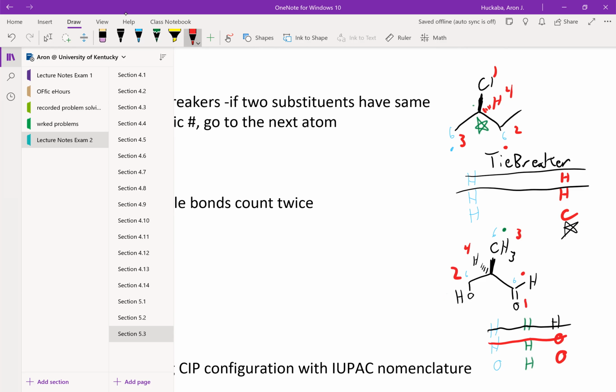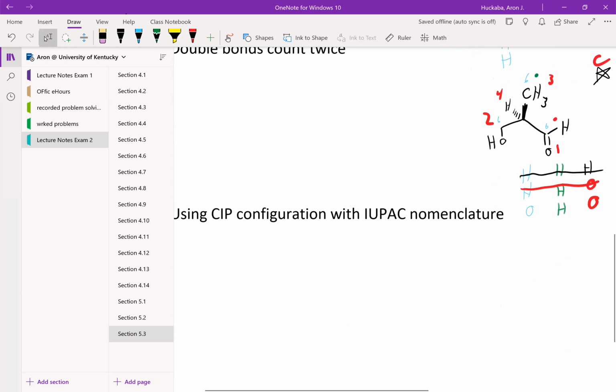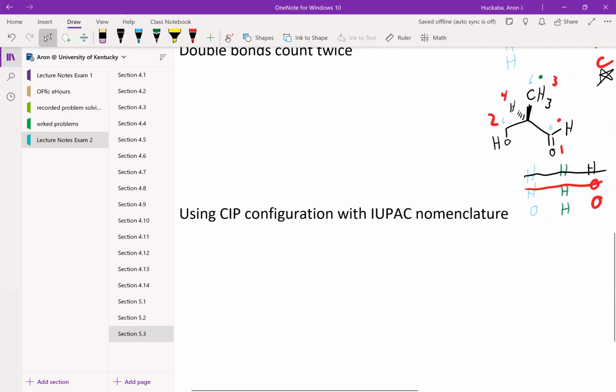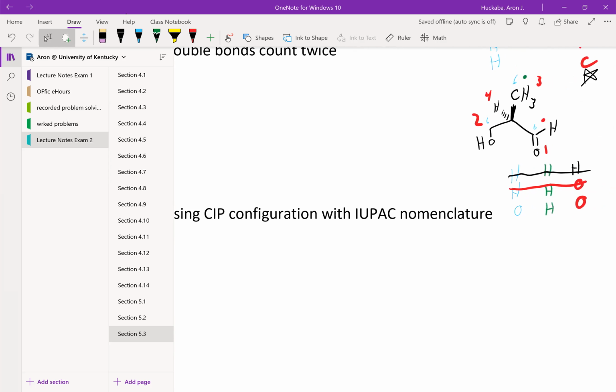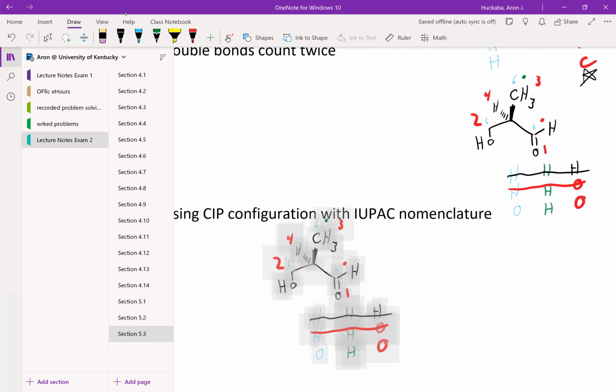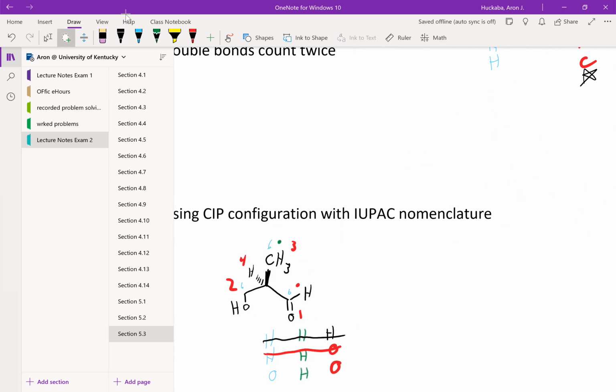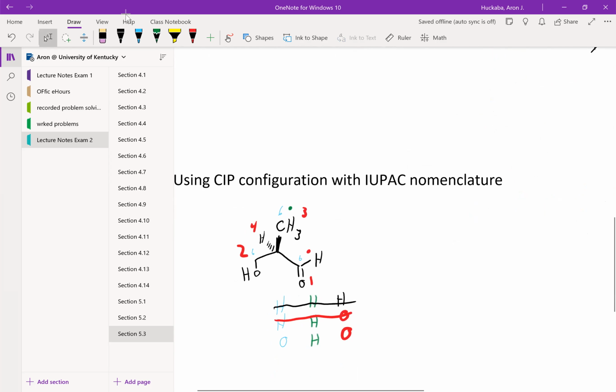And if we were going to use the IUPAC nomenclature in making a configuration, we can just use the same molecule here. Let's bring all of this work down with us. There we go. So we have the priority here, and we don't have to do any rotating because the hydrogen is already on a dash.